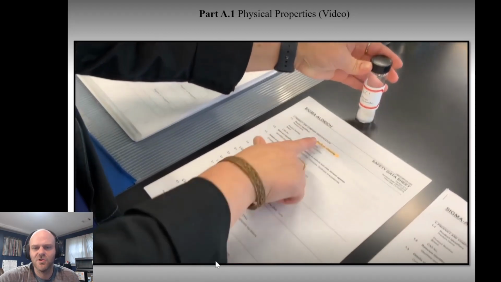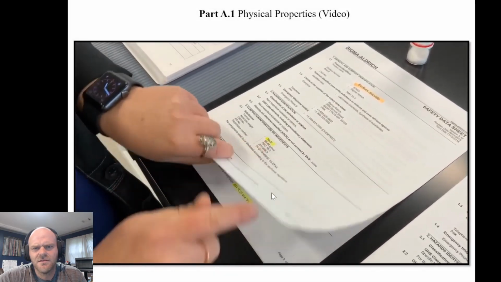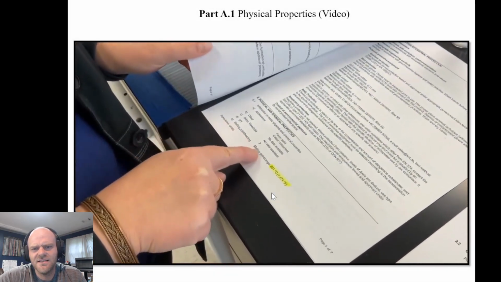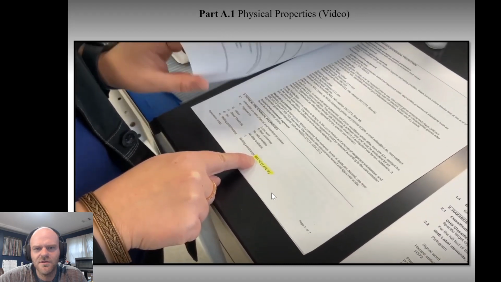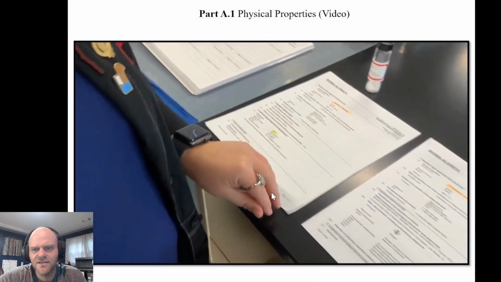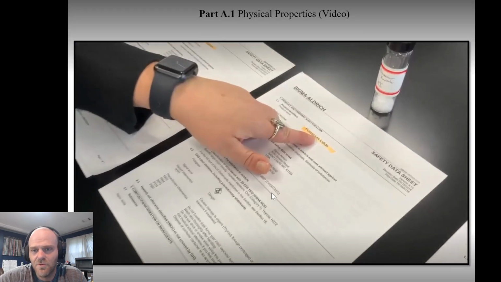All right, so here's sodium chloride. Chemical formula, NaCl. Melting point is 801 degrees Celsius. Okay, so very high melting point. Use this information to fill out your lab report.